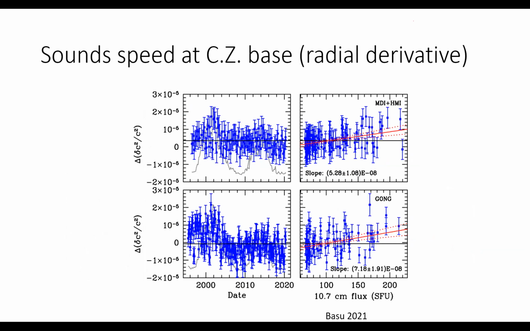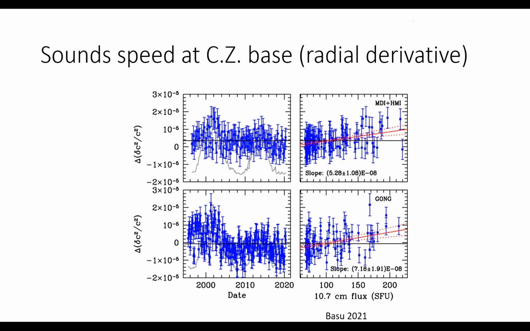This is somewhat more recent work, actually a lot more recent work. Sarbani has gone back to this and finds, and this is rather than a direct measure of the sound speed, a measure of the gradient at the base of the convection zone.